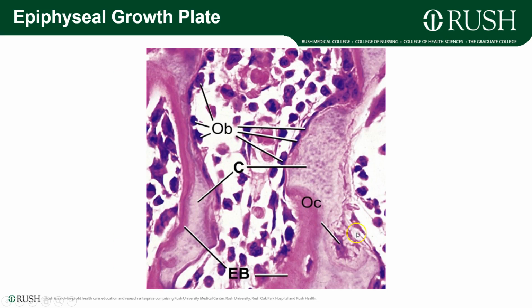And you can see this further in this picture here. Again, the bone is forming here. You can even see the osteocytes embedding themselves, with osteoblasts forming the new bone here. C in this case refers to cartilage.